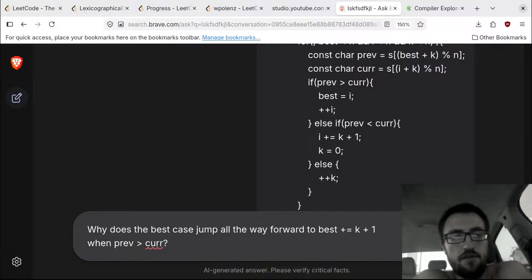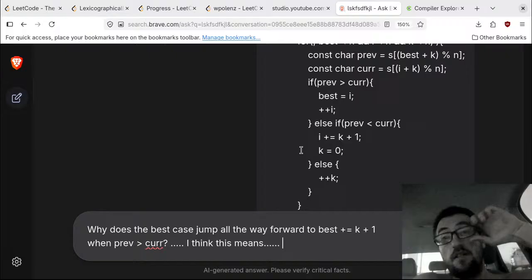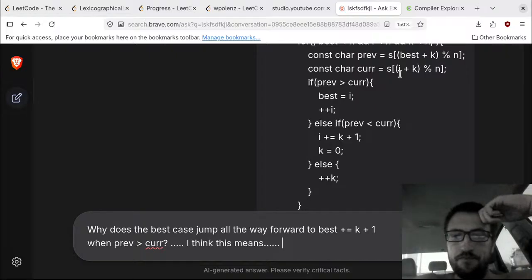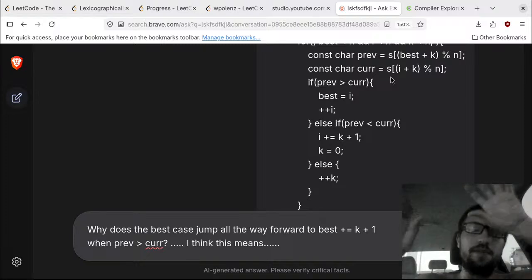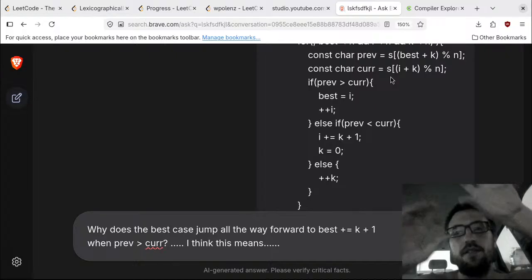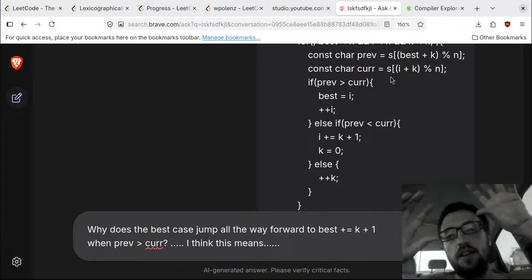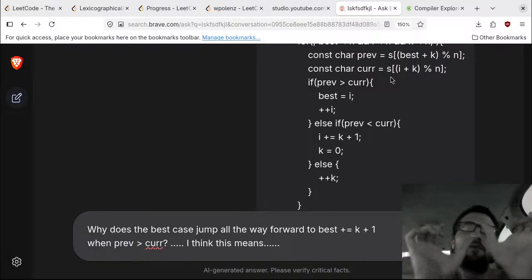I think this means these suffixes for the k elements are equal to each other, until a certain point where they're not equal, right? And these are like two substrings being compared.